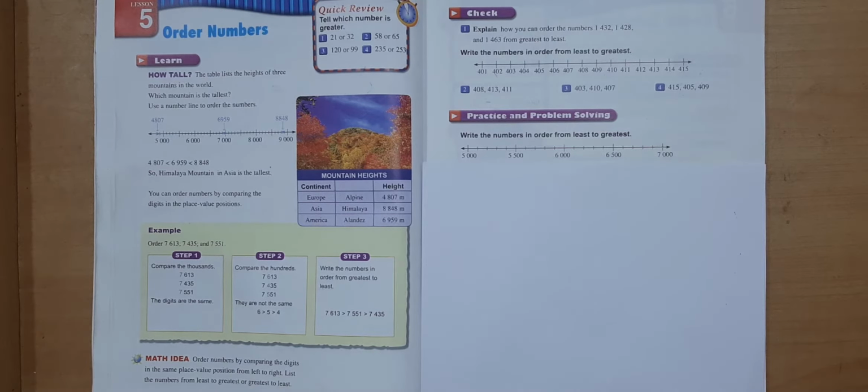And in the 1 spot, look, we have 3 here and we have 7 here. That means this one is the least. 403 is less than 407, and 407 is less than 410.